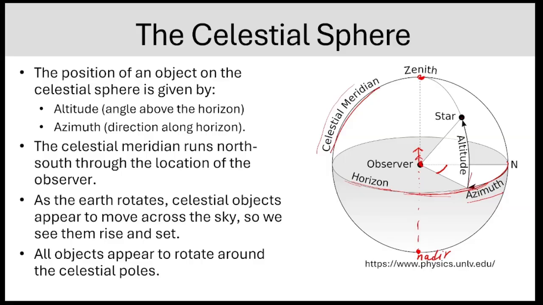This is why we see circular star trails, like if we are taking a long exposure or night photos. The rotation of earth is what causes us to see all these objects rise and set at certain intervals of time.